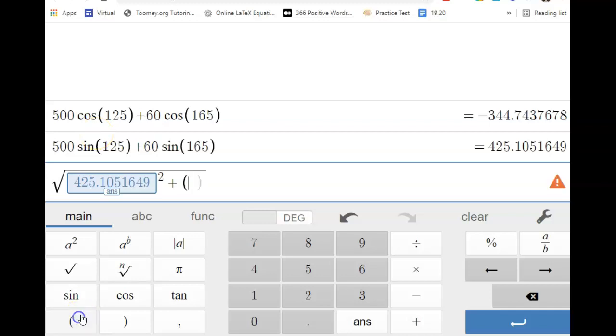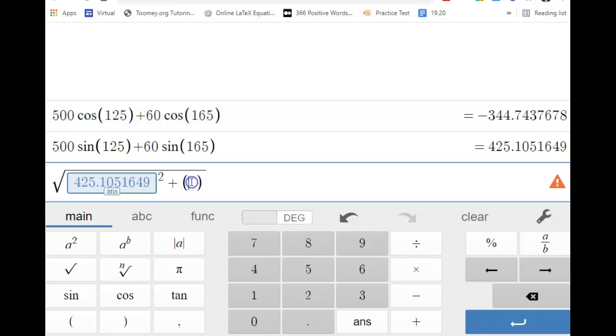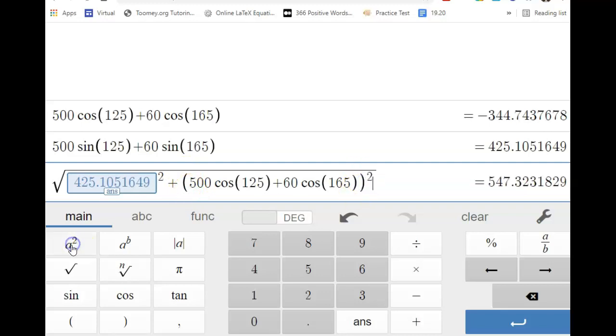So I'm going to open my parentheses. I'm going to highlight this. Then with my keyboard, I'm going to do Control C. Then I'm going to come back down here. It went ahead and closed my parentheses for me, and I will do Control V. And it puts that whole thing in there, which means this is this number right here. But I'm not done yet because there are my parentheses around all of that. Then on the outside of this, I need to square this.